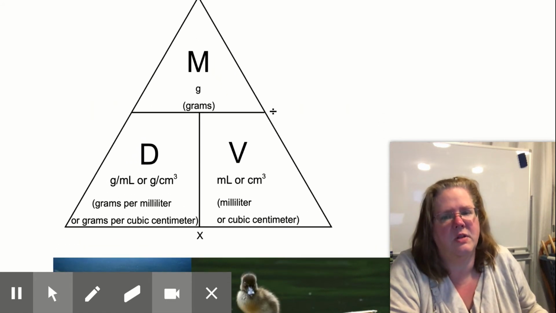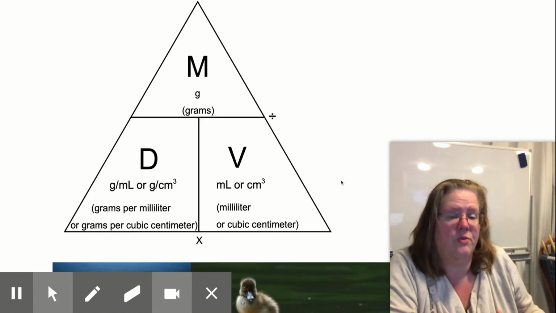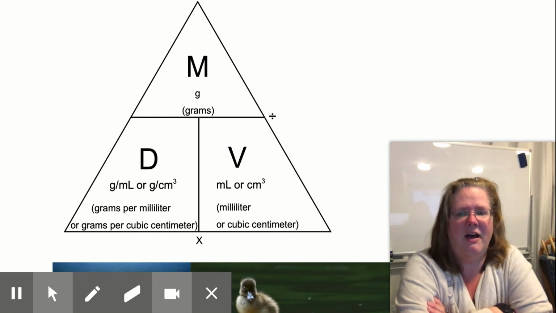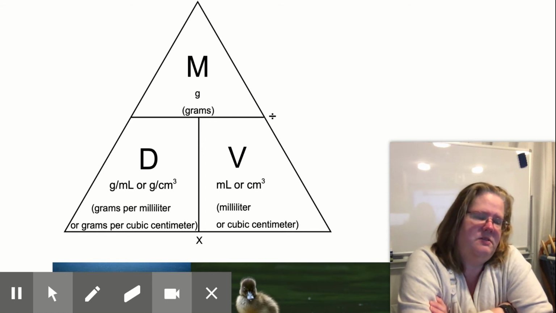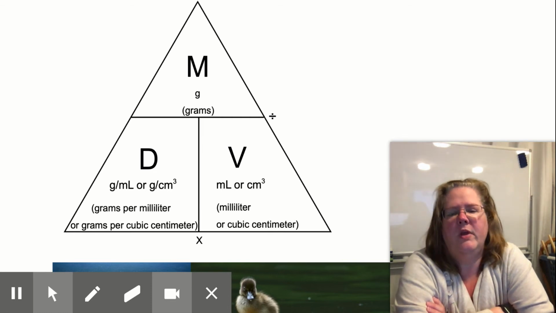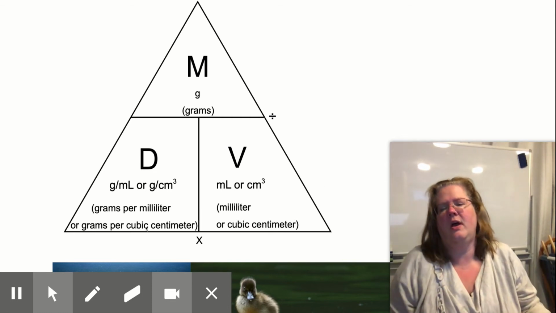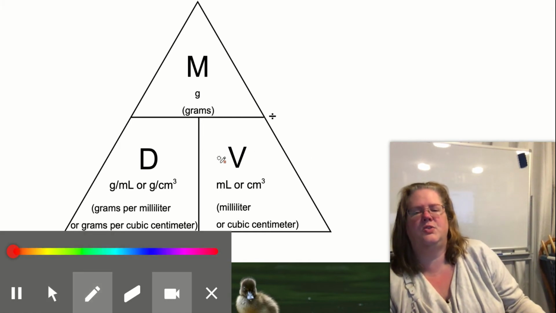This is what I'd also like you to put on your formula sheet. And this is how we do the cheating measure of math. Anytime it's a 3-variable equation where things are multiplied together, and by default you have division, we can use this to figure out our formulas. So this is called the density triangle.